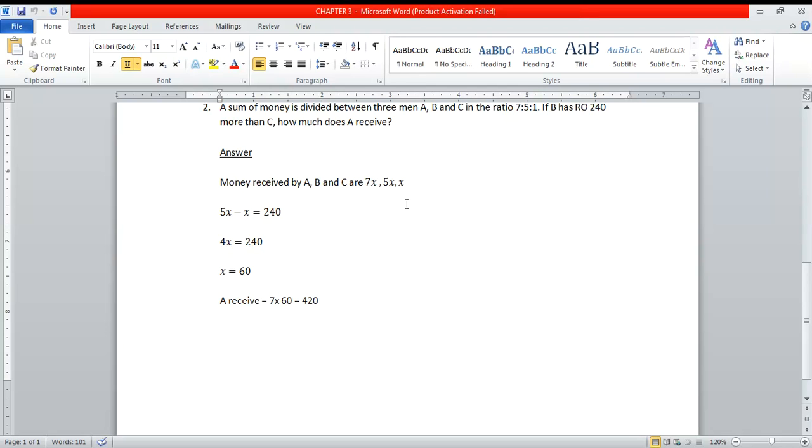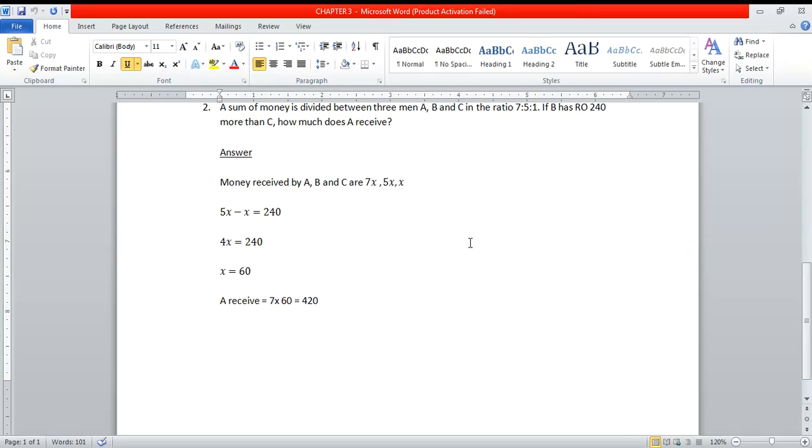Look at the question once more. A sum of money is given to A, B, and C in the ratio 7 is to 5 is to 1.